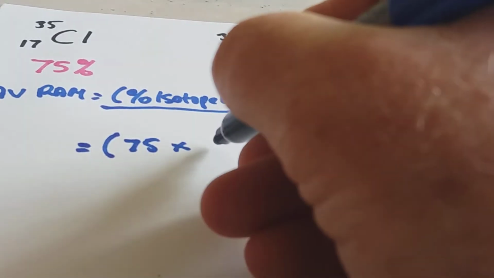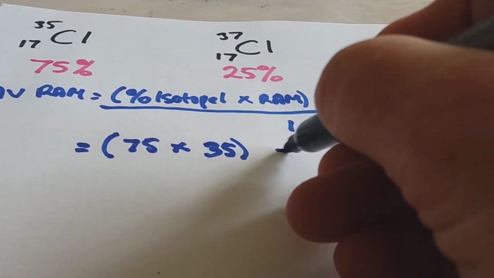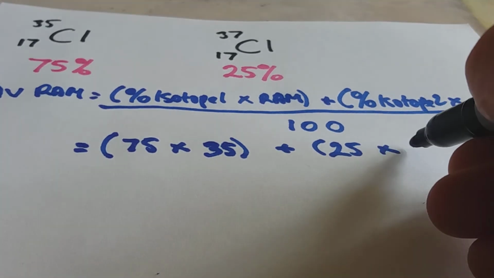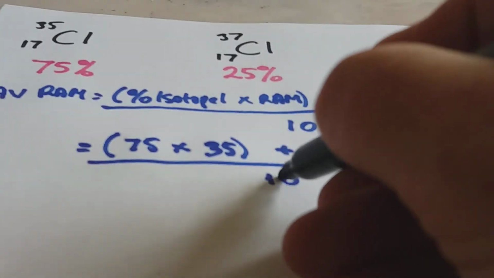So in this case, if we deal with the first isotope, chlorine 35, the percentage is 75, and its relative atomic mass is 35. The second isotope has a percentage of 25 and its relative atomic mass is 37. Divide that by 100.